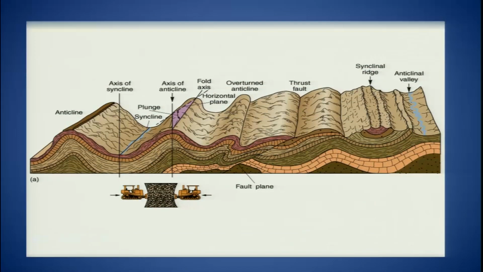In nature, for example, in a compressional tectonic environment, we see the formation of anticlines and synclines, and if you keep on deforming further, you get overturned folds, and finally fracturing along reverse faults or thrust faults.